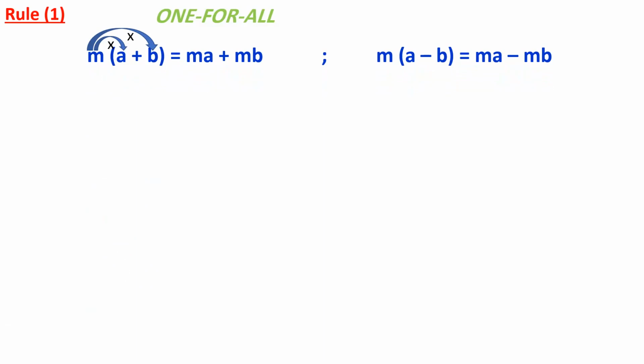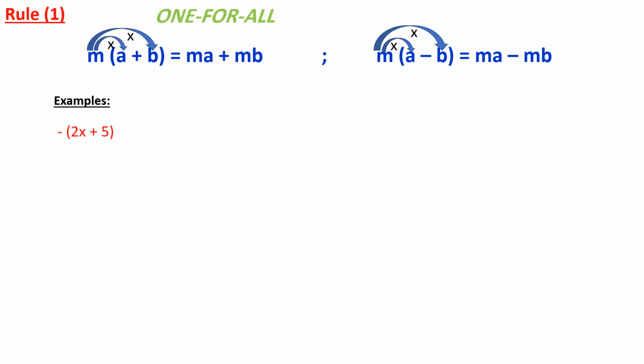Or if we have a minus inside the parentheses, we can apply the second rule: m times a is ma, positive in front of the m times the negative, so positive times negative is negative, and m times b is mb. So please memorize these two rules to apply them in our exercises. And now we'll see many examples.